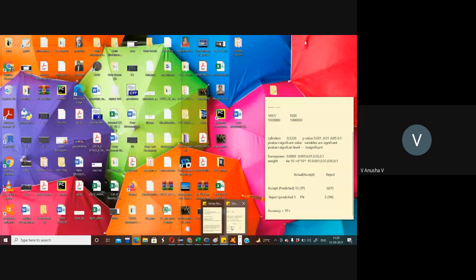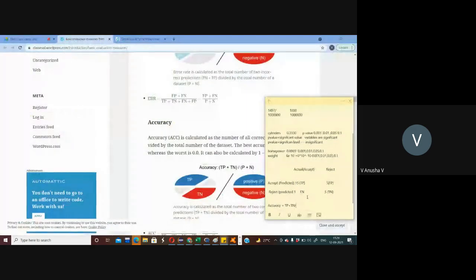Correct predictions are nothing but true positive plus true negative. So TP plus TN by N. So N, how can you calculate, you can just take the sum of all the columns or rows, then you will be getting the total number of samples as 15 plus 5 plus 1 plus 5, that will be 5, 5, 10, 25 and 26. So N will be 26.